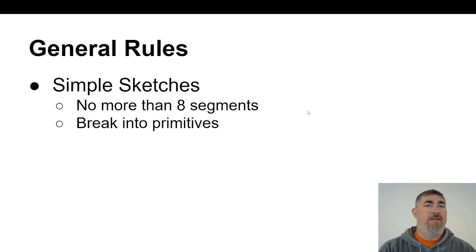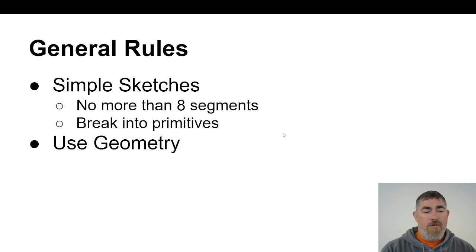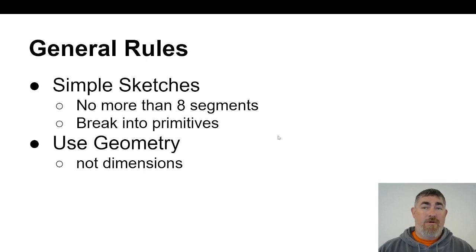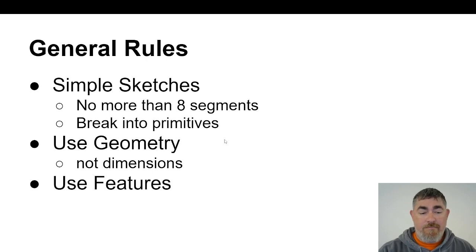Make sure you're projecting or using existing edges and things like that. Use the geometry to maintain it. So midpoints, collinear, use those geometric constraints. Use dimensions as the last step to size things that you need to size, but if you can do it with a geometric constraint by making 2 things equal, that way you don't have to put in 2 different dimensions that are the same, that's even better also.